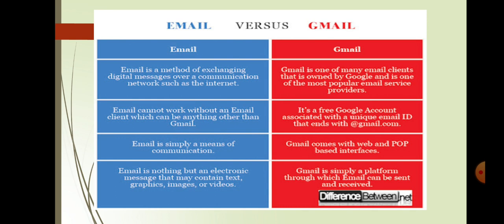So by seeing the last difference, you might understand that email is an electronic message that may contain text, image, audio, graphics or video. But Gmail is a platform through which we can send all these messages. I hope it is clear to you.